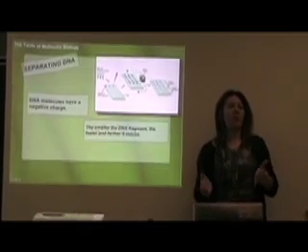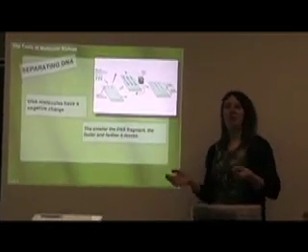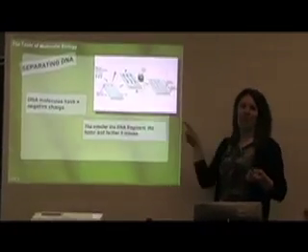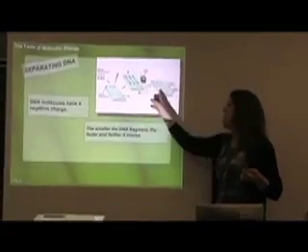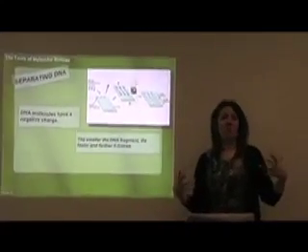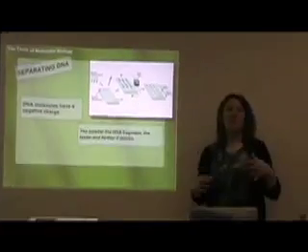Smaller fragments are going to go faster. So if you have a very, very small gene, that's going to get pulled up here, and it's going to travel farther. If you have a larger gene, it's not going to go as far.